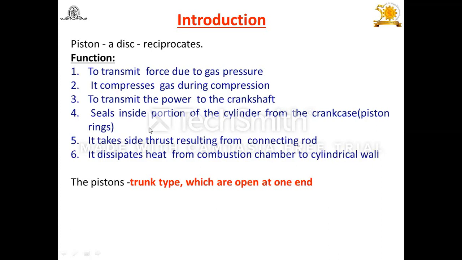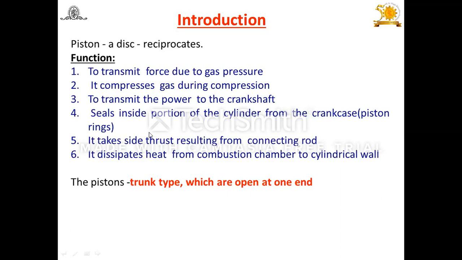You might have studied in second year, while visiting the workshop or automobile companies, that piston rings are used. The main function of these piston rings is to prevent the leakage of gases between the cylinder and the crankcase. The piston also acts as a sealer, separating the cylinder portion from the crankcase.